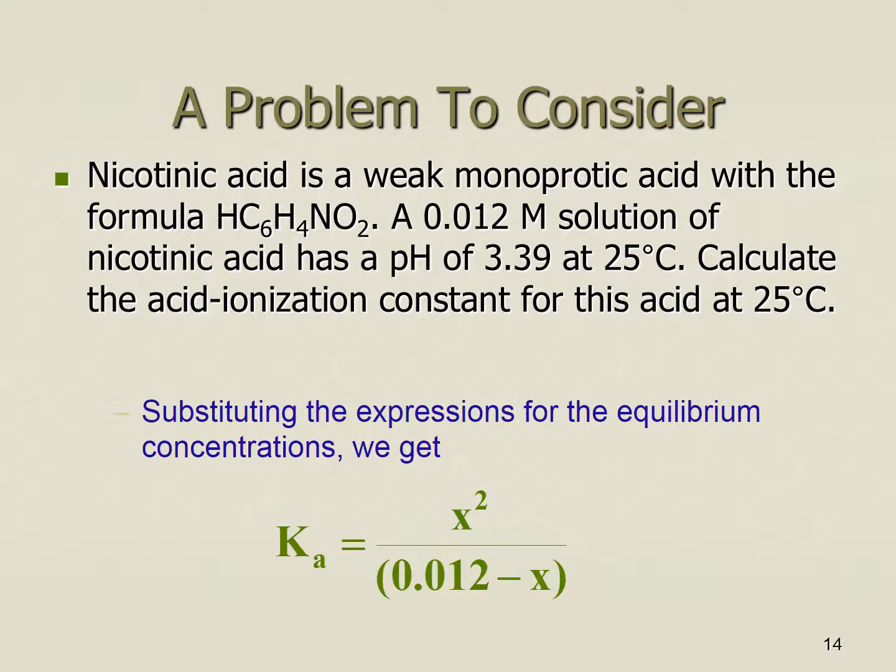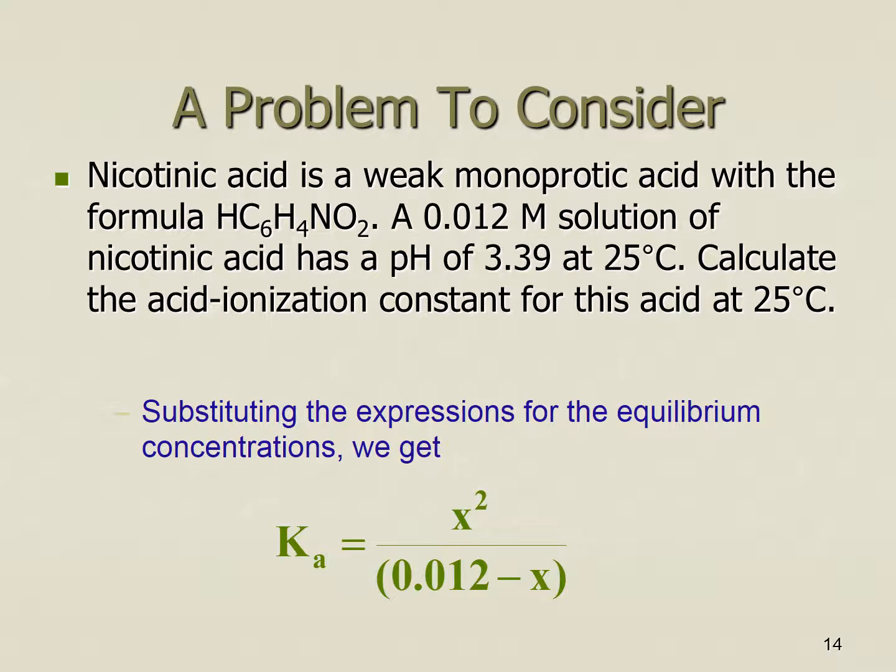But a lot of other problems will be the opposite, where we'll be given the Ka value and we need to find X. So I just want you to see this is a pivotal equation where if you know X, you can find Ka. If you know Ka, you can find X. And so you're going to use it both ways. In this case, we're looking for Ka. So some information is given in the problem that will tell us what X is.